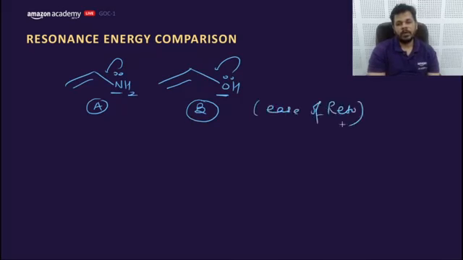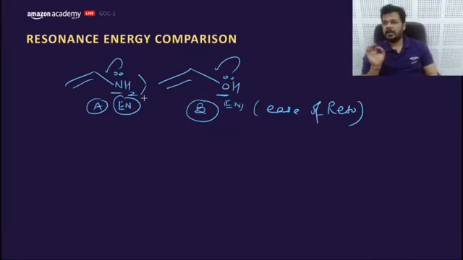Who will give the lone pair for resonance easily? Nitrogen has less electronegativity, so it can donate its electron for resonance more easily. So the answer is nitrogen. Nitrogen can give resonance easily.